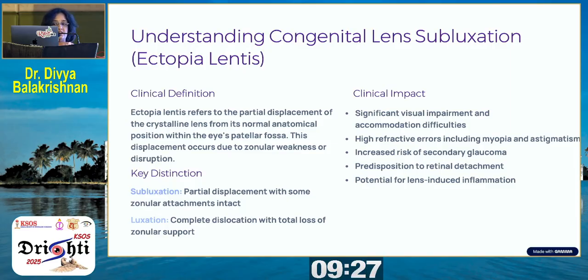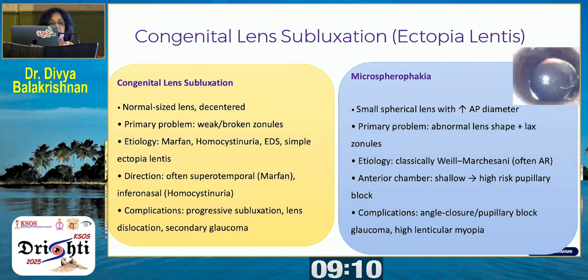We need to differentiate these, mainly because of the high refractive error, that is the high minus power the patient might have, or because of astigmatism. The second thing would be secondary glaucoma, or sometimes retinal problems like retinal detachment. So, as I mentioned, we need to differentiate normal lens subluxation from microspherophakia when you see these kids.